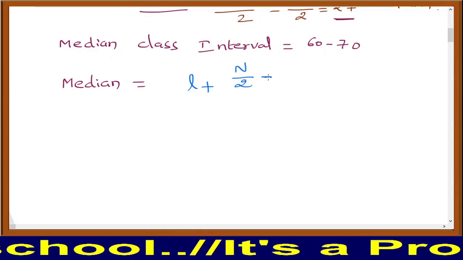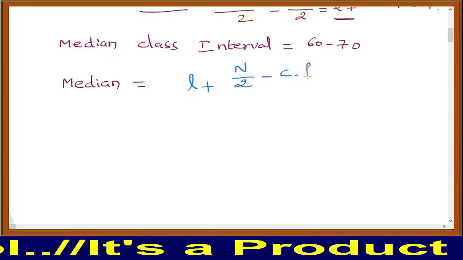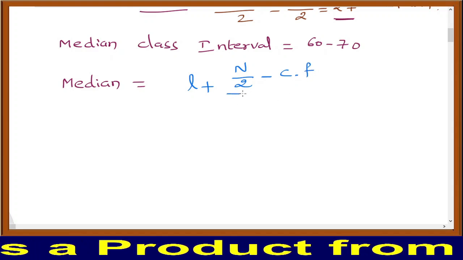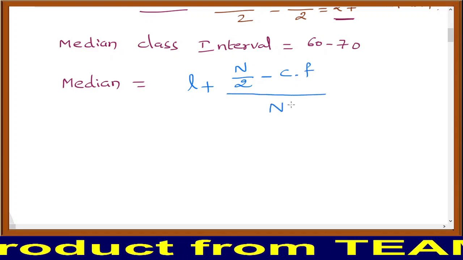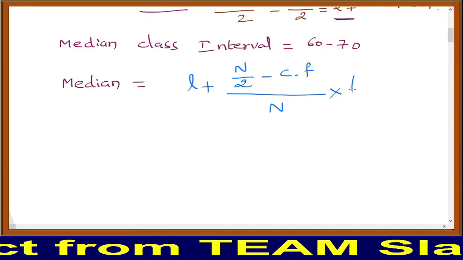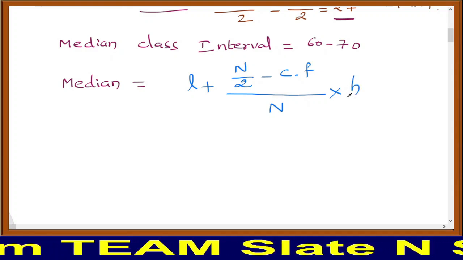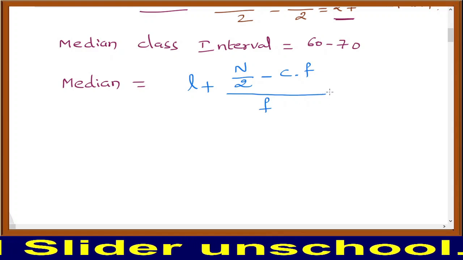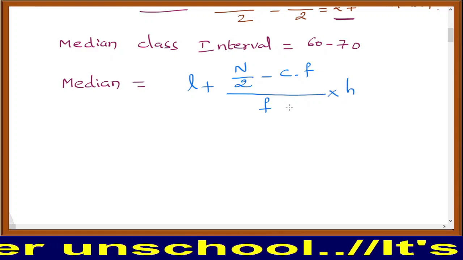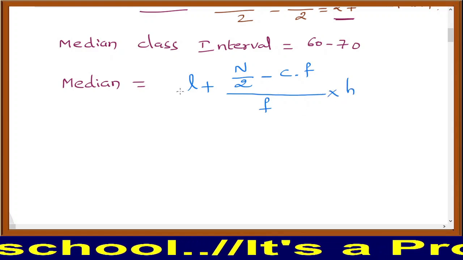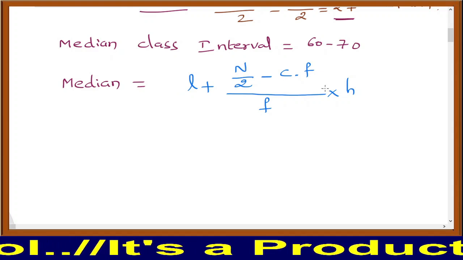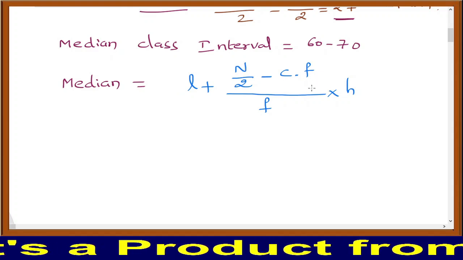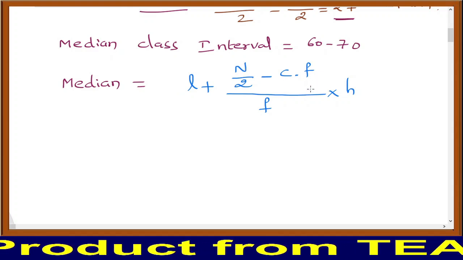From this n by 2 we have to subtract the cumulative frequency Cf. So here we have to know what is L, we know n, and we have to find out what is Cf, f and h.